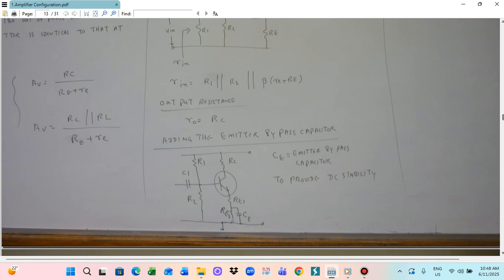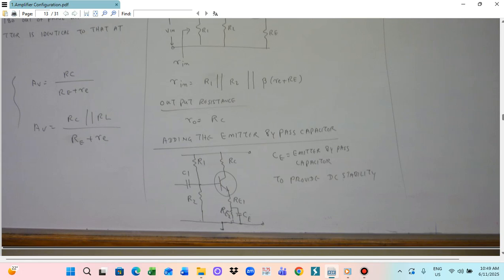Another thing we also find is the emitter bypass capacitor. Sometimes you can see that a capacitor is bypassed at the emitter RE. The reason to provide the bypass capacitor is to improve the DC stability. To improve the DC stability, this emitter RE needs to be bypassed with another capacitor.